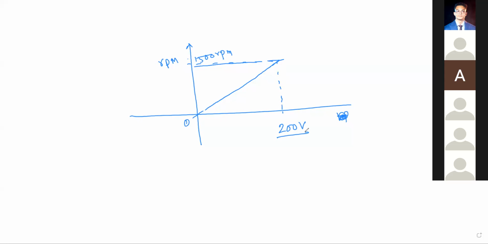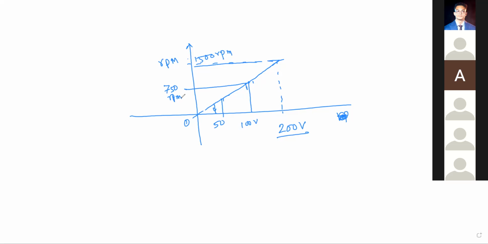Then the motor will be at the rated speed at 1500 RPM. Do you understand what I want to say? Suppose this is your 100 volt. So at 100 volt it should be 750 RPM. So now what should be the value of alpha?